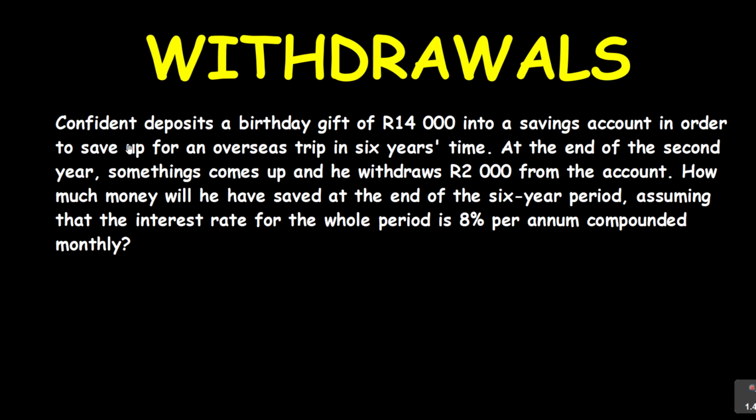Life happens, and I withdraw, because it's me here, I withdraw 2,000 from the account. You see, I am depositing in the beginning, I'm investing, so this money is growing, but 2 years in, something comes up. Some things come up, and then I withdraw 2,000, but there's still some money left. That money that is left must also grow.